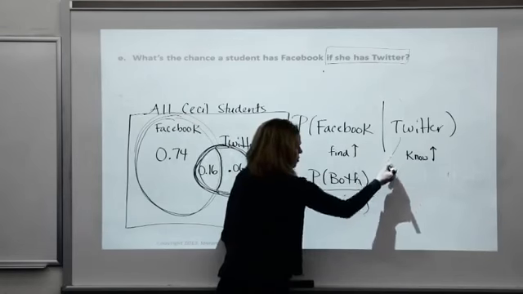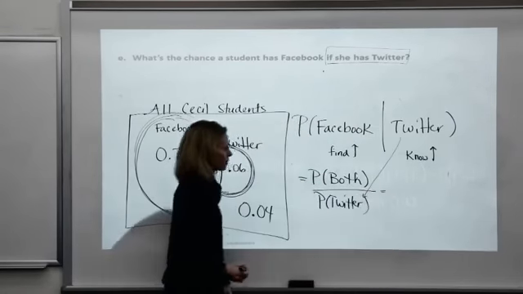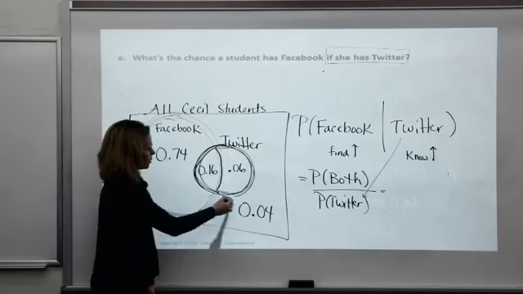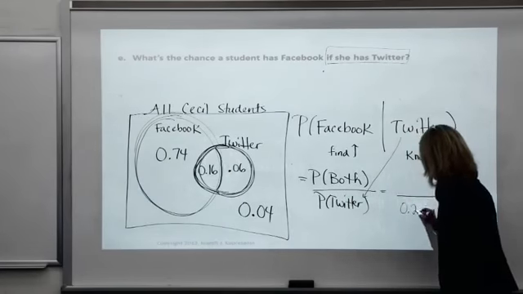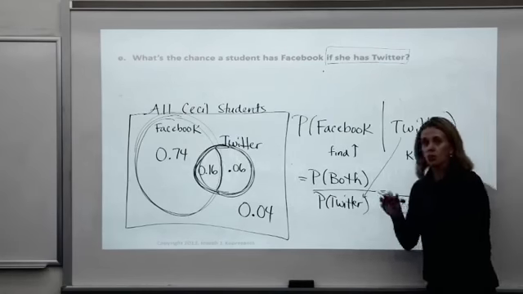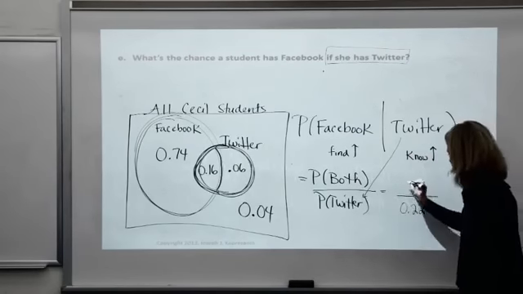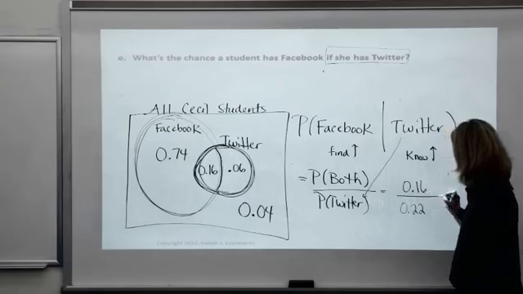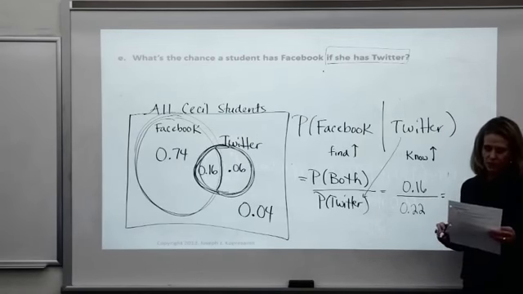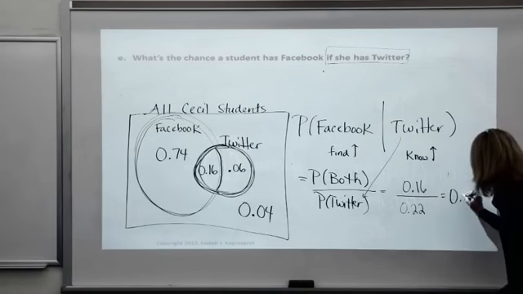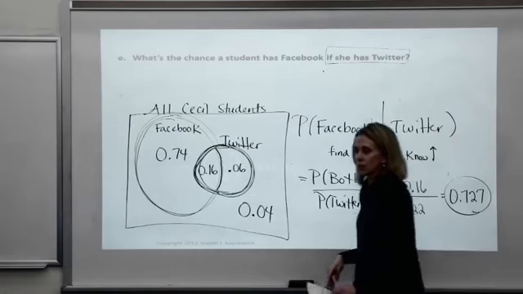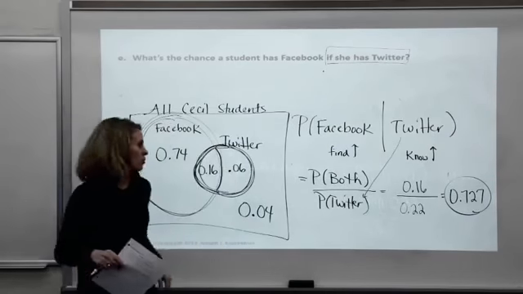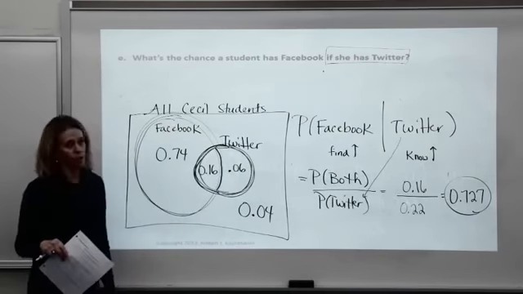Whatever condition is known, that will always go down in the bottom. So the likelihood a student has a Twitter account, again, was 0.22, and the likelihood of having both was 0.16. And when we divide those, we get a probability of about 0.727, almost a 73% chance, if we know you have a Twitter account, that you also happen to have Facebook.